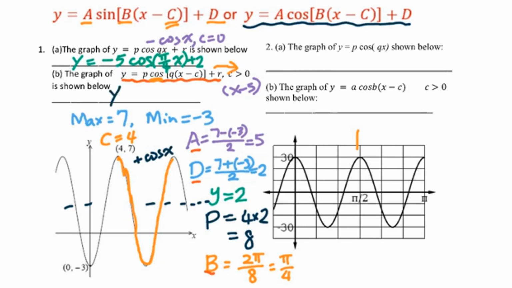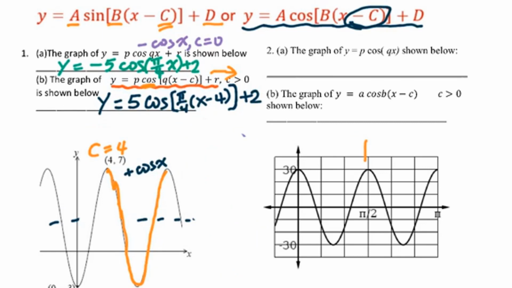So I will write down y equals 5, A is 5, cosine, B is pi over 4, then x minus, here's x minus c, so minus 4. Then plus 2.